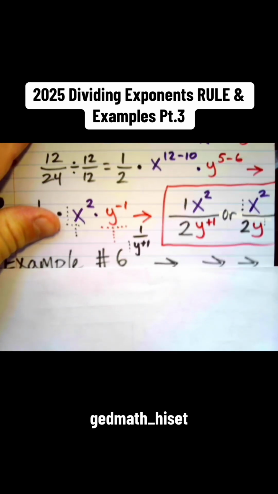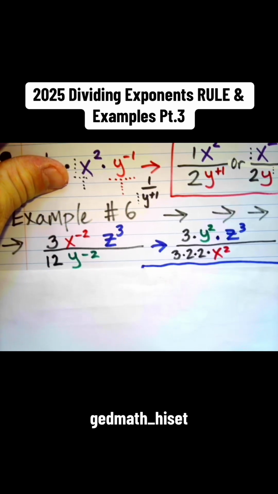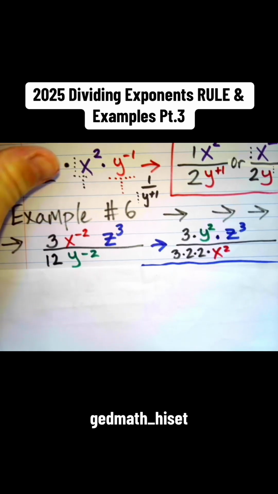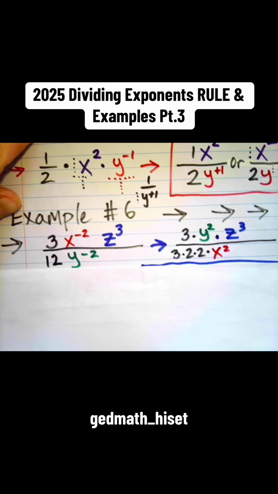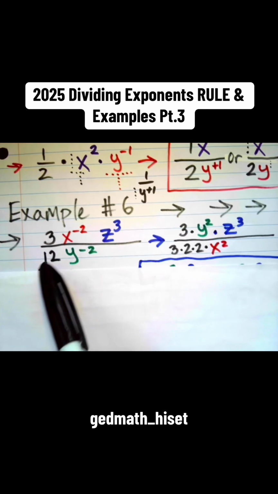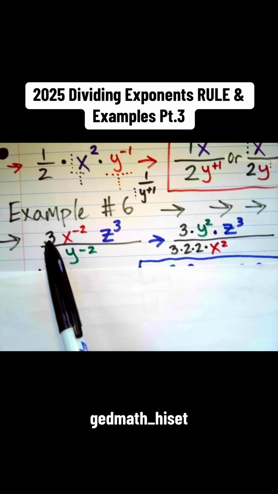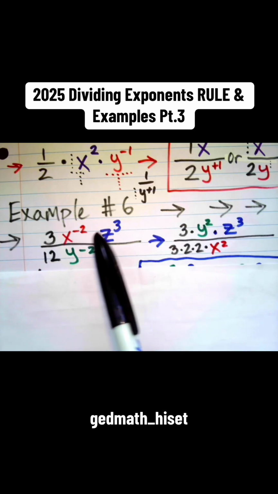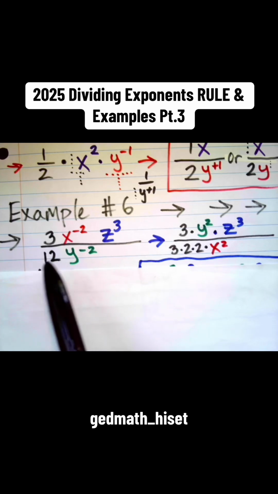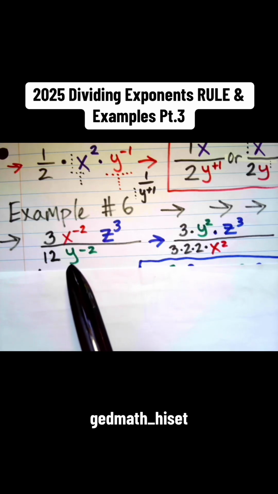We have another problem here, example number 6. And these are getting a little more complicated as we go along. So I wanted an extra amount of time for this video. So we have 3 over 12 times 3 times x to the negative 2 times z to the third divided by 12 times y to the negative 2.